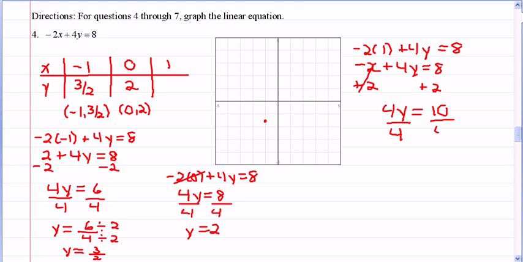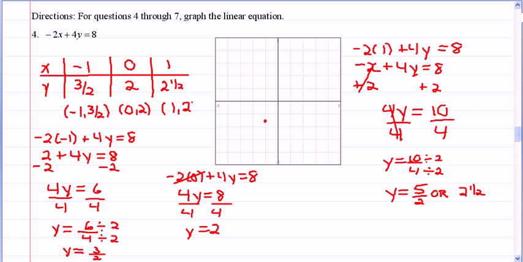Divide both sides by 4. y is equal to 10 over 4, which both numbers can be divided by 2, and I get y equals 5 over 2, which is 2.5. So you can write 5 over 2 or 2.5, so that my point is 1, 2.5. So the other 2 points left to graph are 0, 2, and then 1, 2.5.